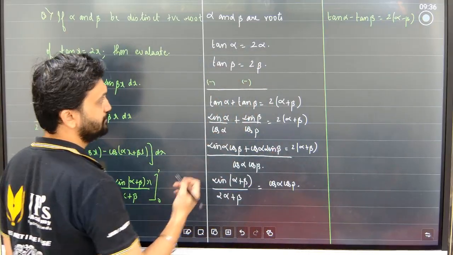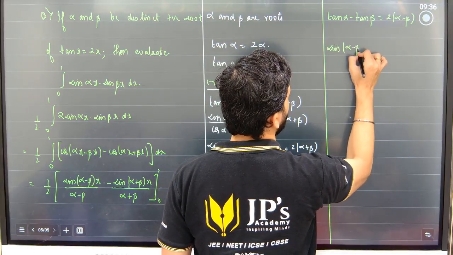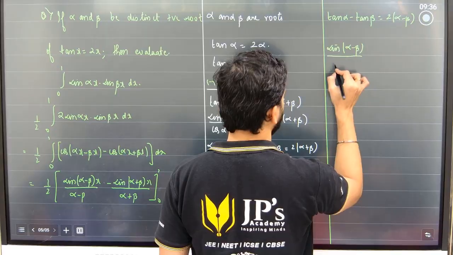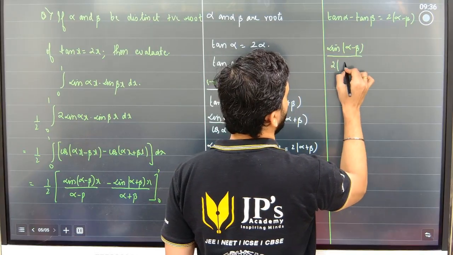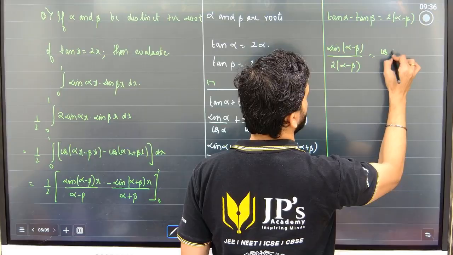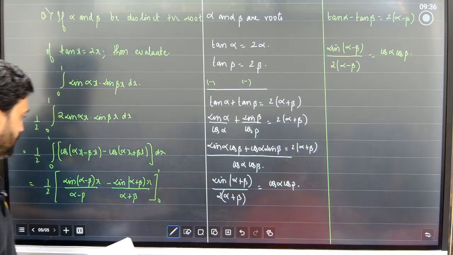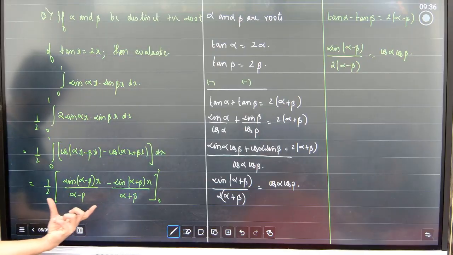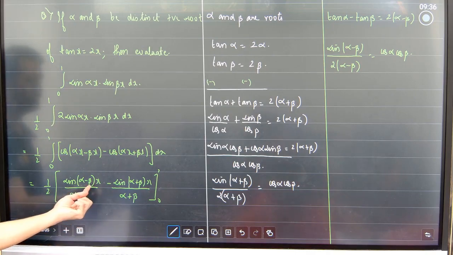I'll get exactly the same way but with minus. So sin alpha minus beta upon alpha minus beta is equal to 2 cos alpha cos beta. Look at this here, I've got exactly the same thing.